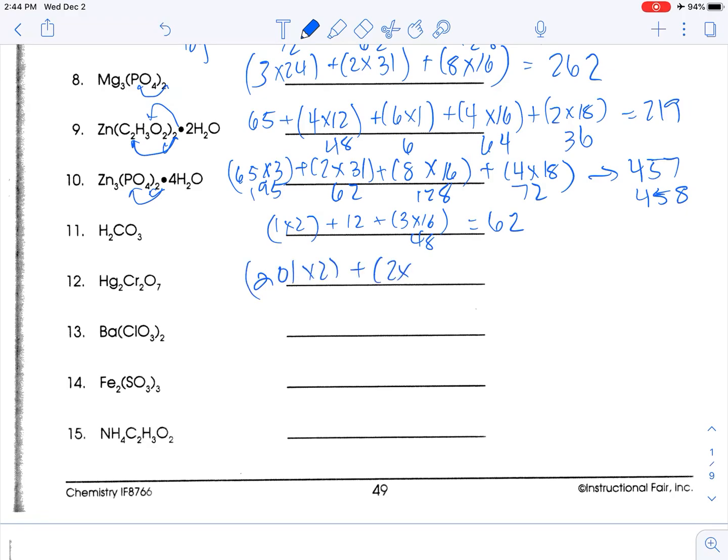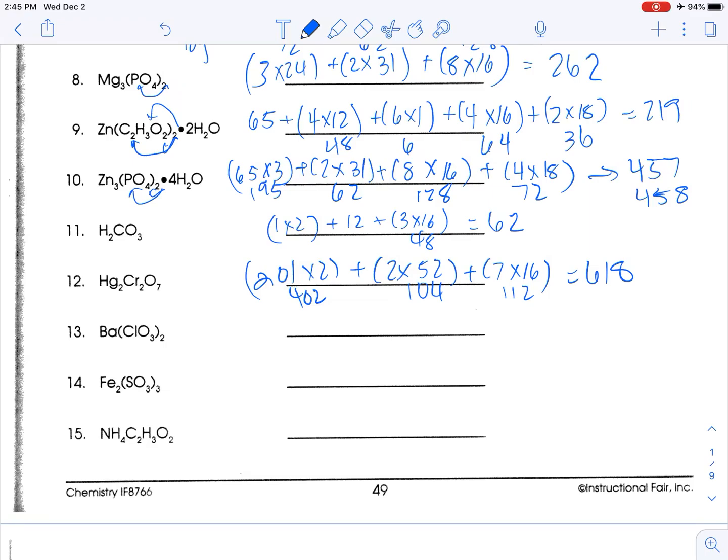Chromium, there are 2 of them, and that's 52. And there are 7 oxygens, and they are 16. 201 times 2 is 402. Should have known that. 52 times 2 is 104. And 16 times 7 is 112. Let's add those up. 618 grams per mole.